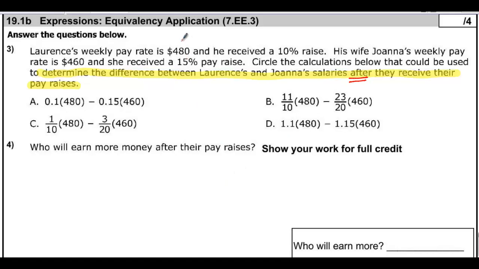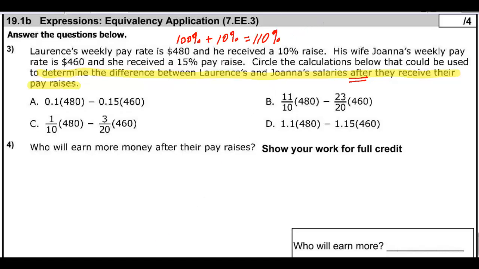So when we look at problems like these, the amount that they're earning now is 100% of their salary. If you have all of something, you have 100% of that. This is the amount that they're going to receive. This is Lawrence. So Lawrence is currently getting $480. That's the 100% of what he has. He's getting a 10% raise. So after, there's our underline, after they receive the raise, he will have 110% of what he had before.